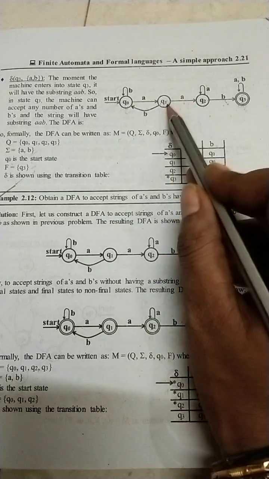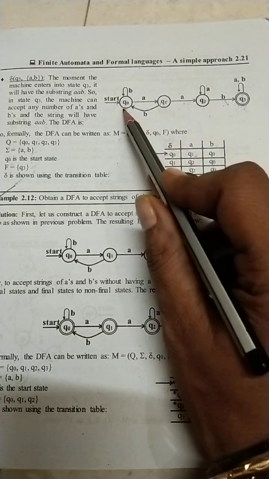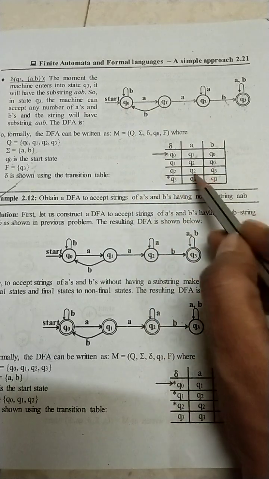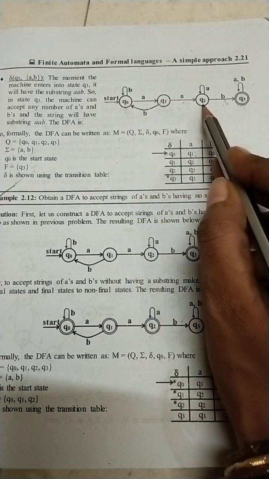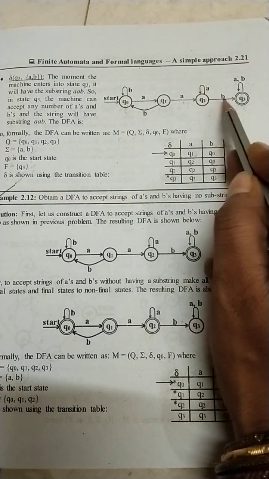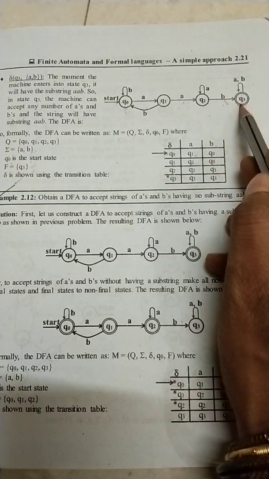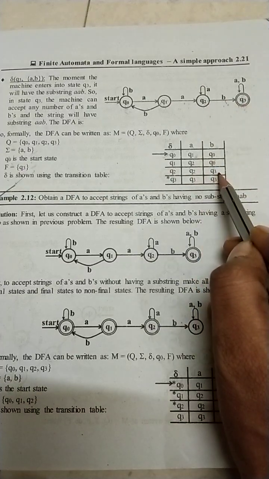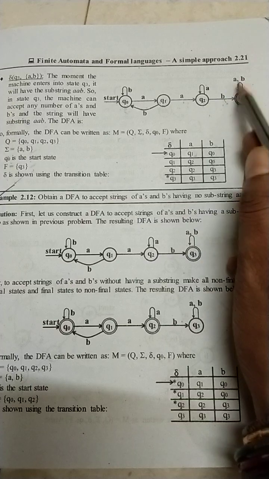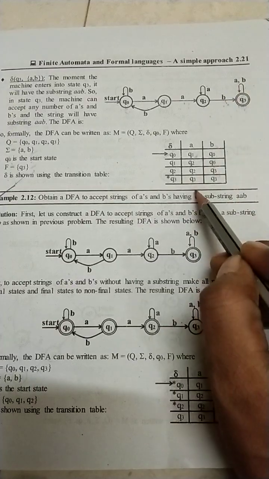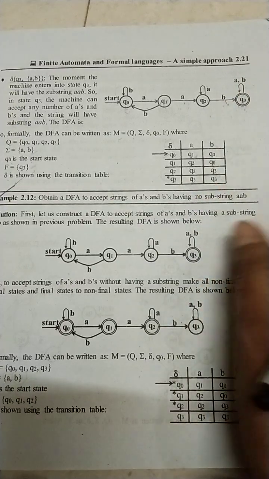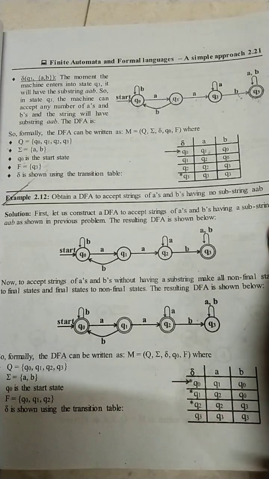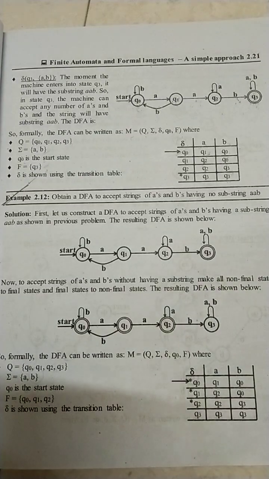Q1 for A is Q2, and Q1 for B is Q0. Q2 for A is Q2 itself, and Q2 for B is Q3. Then Q3 takes a transition to itself for both inputs, so it is Q3, Q3. So this is our DFA for strings having the substring AAB.